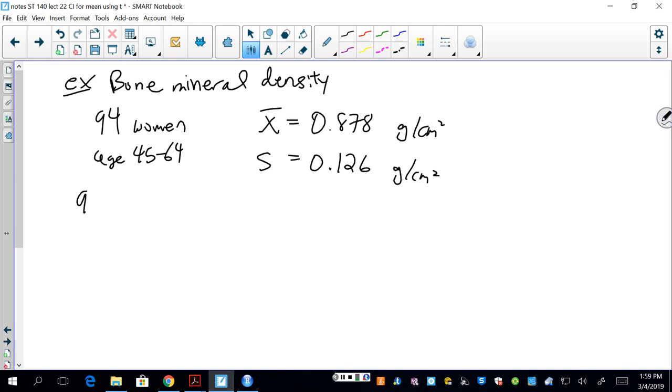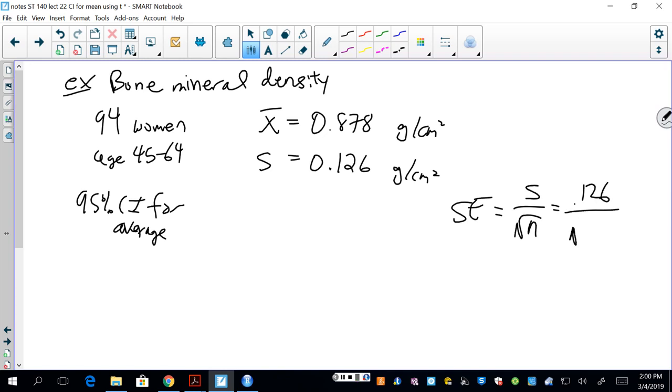And we could do a 95% confidence interval for the average density in similar women. Now, one thing we might also ask, what's the standard error? Kind of separately from the confidence, what's the standard error for x bar? And that's just a calculation of s over the square root of n. 0.126 over the square root of 94.